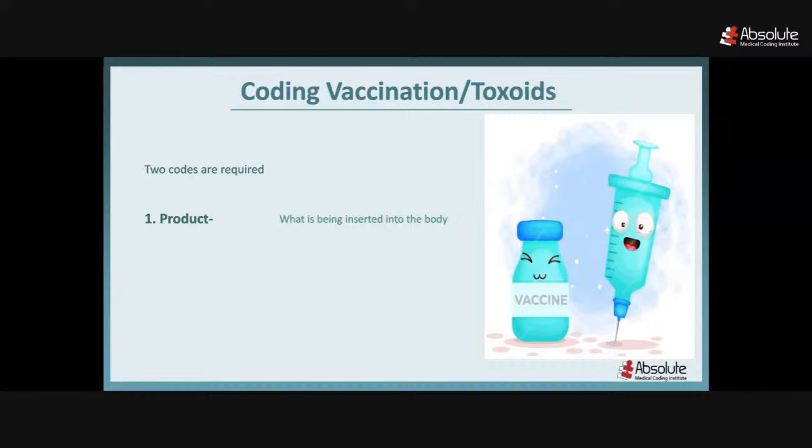So this is the actual medicine. Second, the administration code, and this tells how it is being given. So if you capture both the product and the administration code correctly, your vaccine coding will always be accurate.